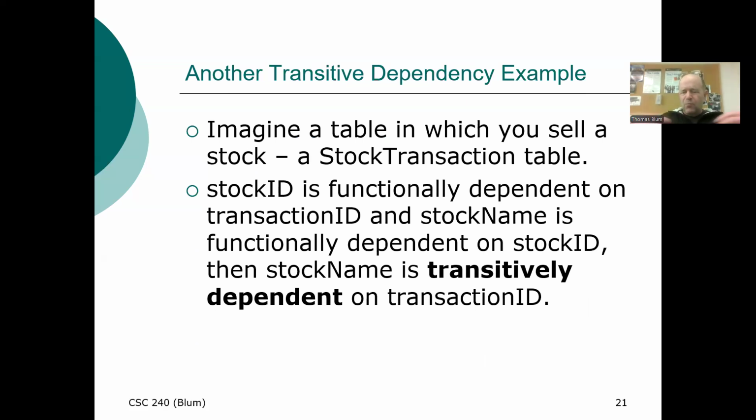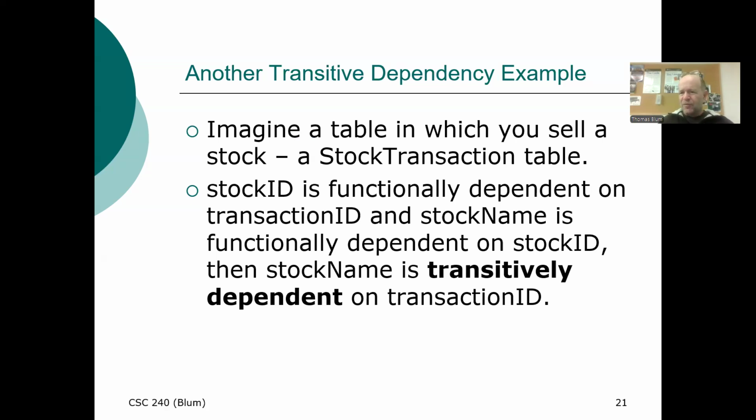So, just one more example of transitive dependence. Imagine you have a table for some kind of transaction with stocks, where you sell some stocks. Of course, it's going to have a stock ID: what stock were we trading in this transaction? And let's say that the whole transaction was given a transaction ID.